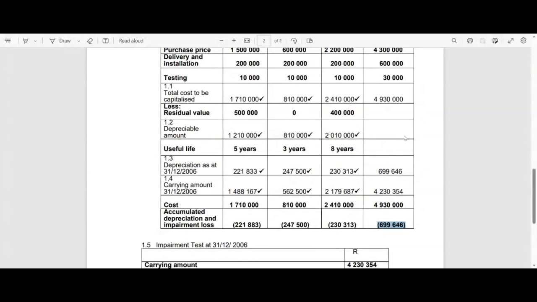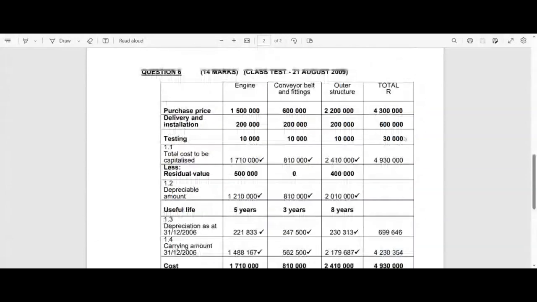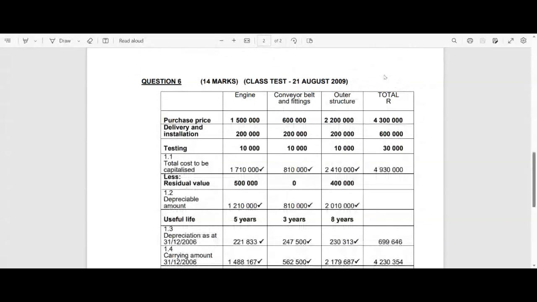But when we disclose in our financial statements, we are only going to disclose our categories of assets. So we might have motor vehicles, office equipment, and in this case, bottling plant. And these totals are the amounts that we are going to disclose.